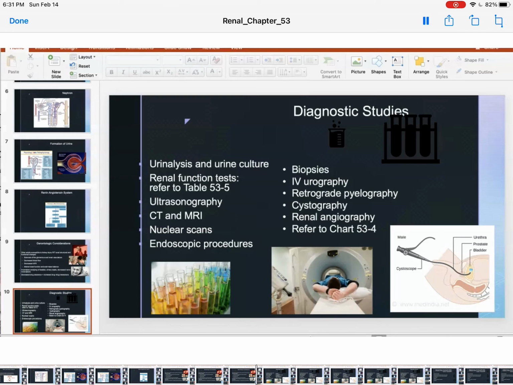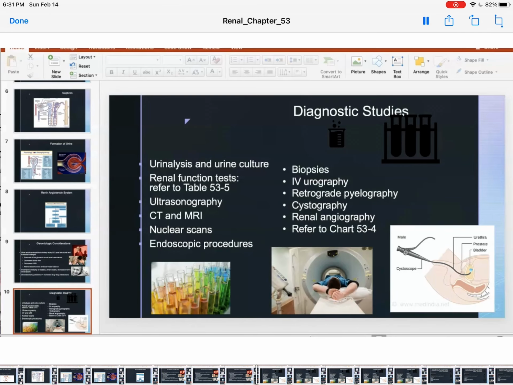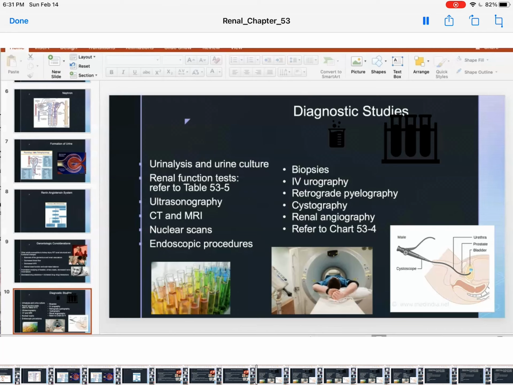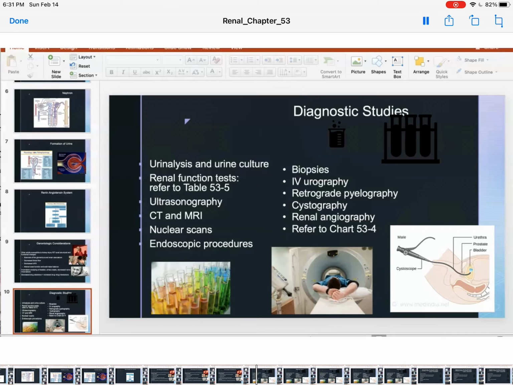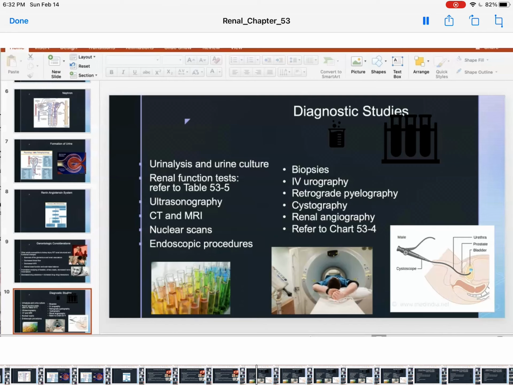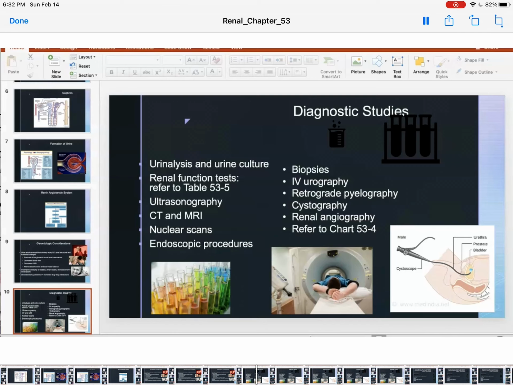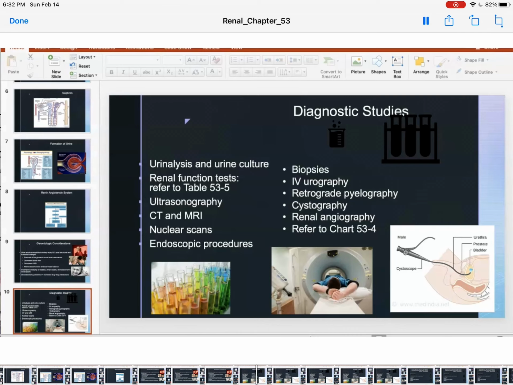Okay, diagnostic studies. There are a lot of diagnostic studies. Renal function tests are used to evaluate the severity of kidney disease and to assess the status of a patient's kidney function. So, with urinalysis and urine cultures, those are probably going to be the ones you see more often.